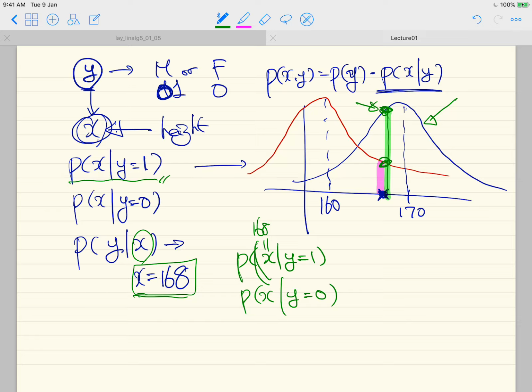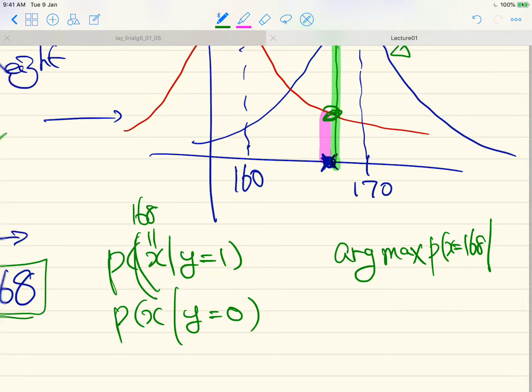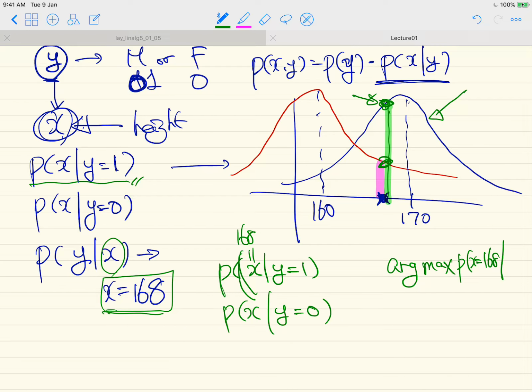And then we just compare between them, and we just choose argmax over y of p of y given x is equal to 168 centimeter, and here we choose the y.